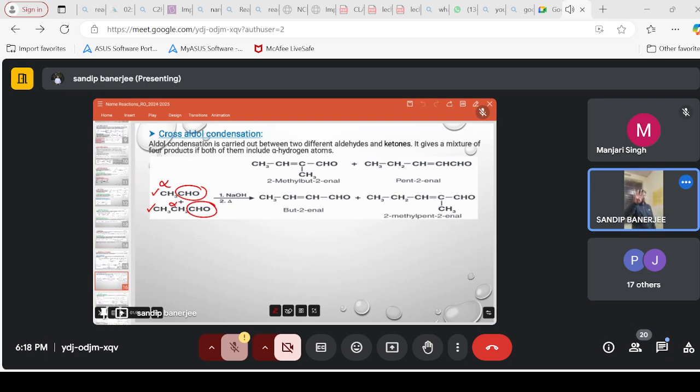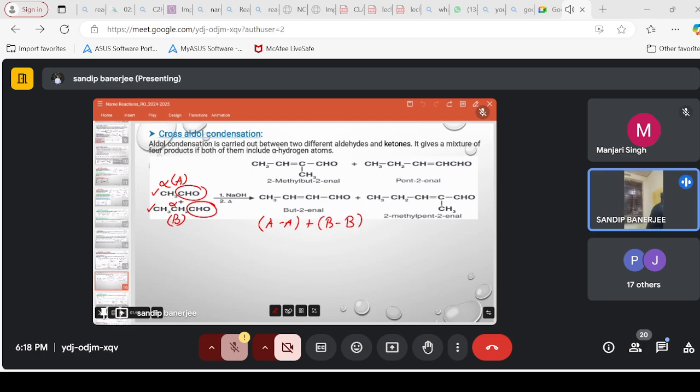So we will get four different products. I am marking this as A, this as B. Now products might be AA. This is the self condensation of A. Now B might give the same set of product, BB. And second case is AB.